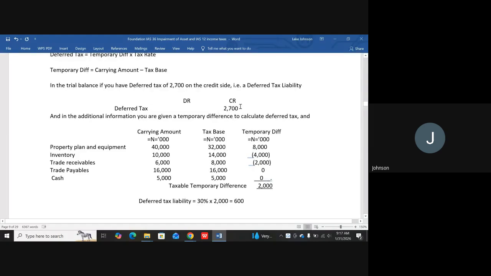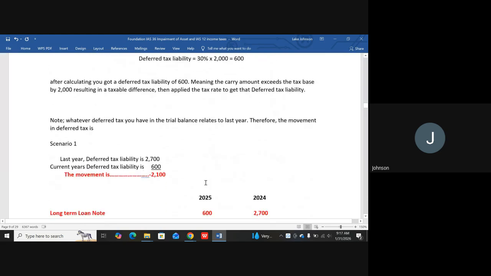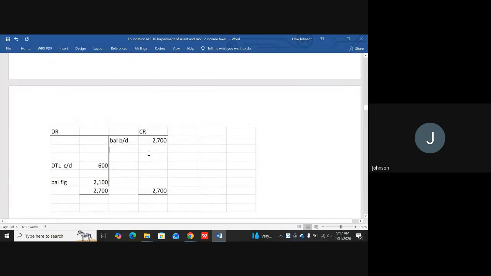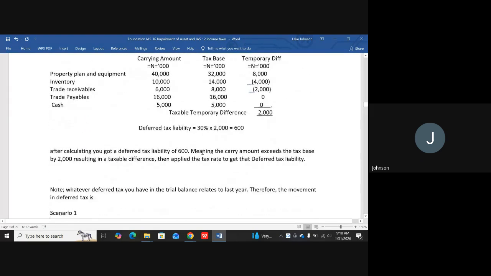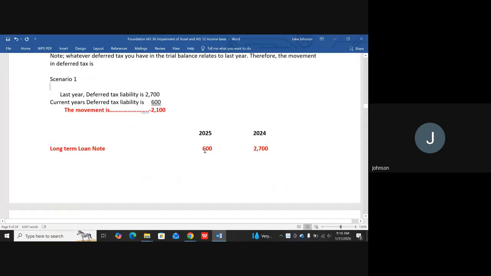It's a liability, so post it on the credit side, no issue. However, if you also have a liability for this year, liability is always supposed to be on the credit side, but because it's the liability for this year, don't put it on the credit side.